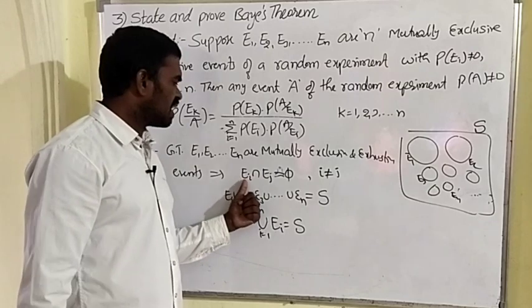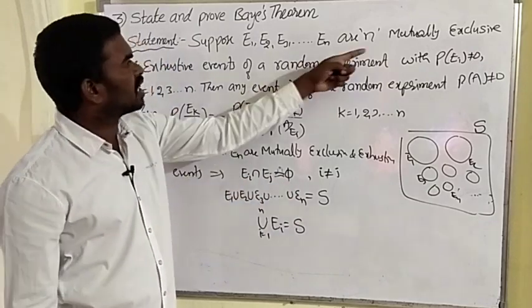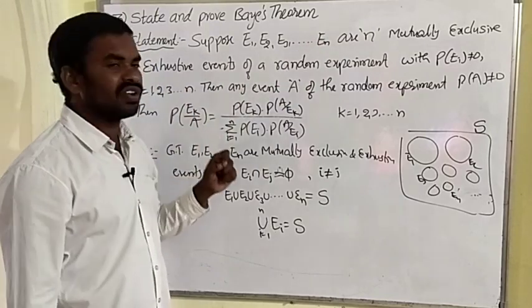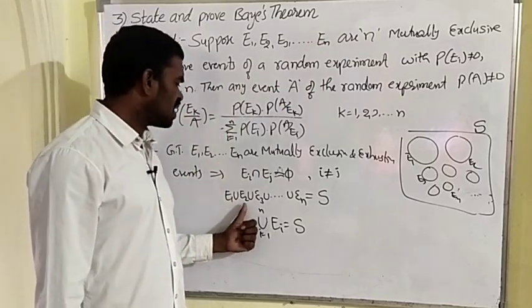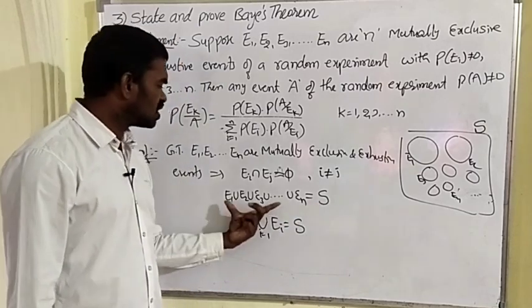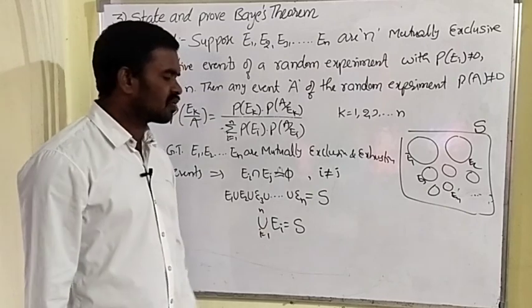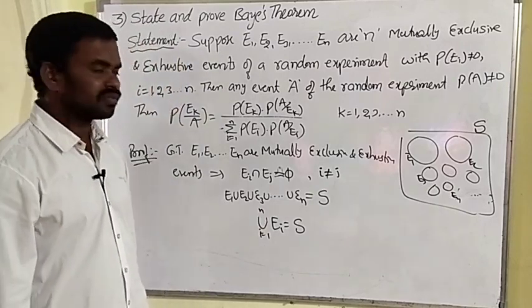From that we can write Ei intersection Ej is equal to empty. And from the second, exhaustive events mean E1 union E2 union up to En is equal to the sample space capital S. So in short we can write union of i equal to 1 to n, Ei equal to capital S.